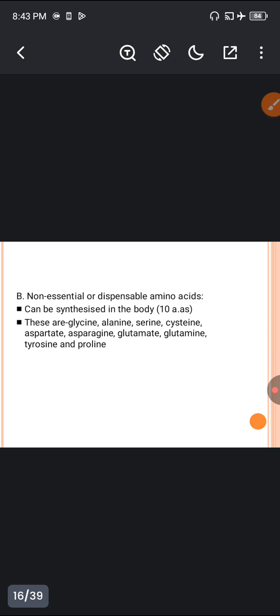These amino acids need not be consumed in the diet. Our body can synthesize them without looking for them from the diet. These amino acids are glycine, alanine, serine, cysteine, aspartate, asparagine, glutamine, tyrosine, and proline. Those are the non-essential amino acids.